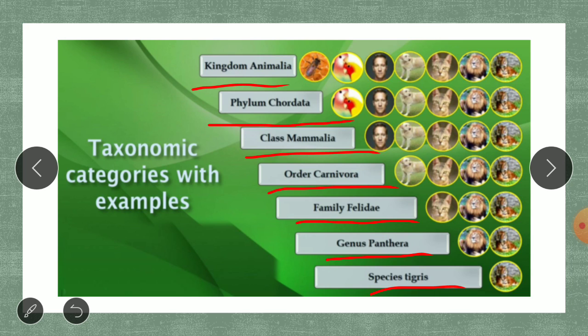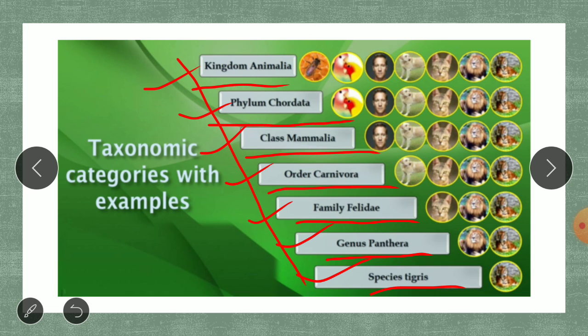This is known as the taxonomic category of a single organism. We have to say the species, genus, family, order, class, phylum and kingdom. This is the example of the classification of tiger.